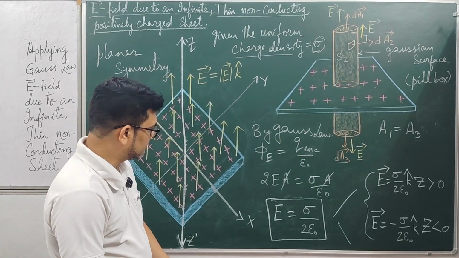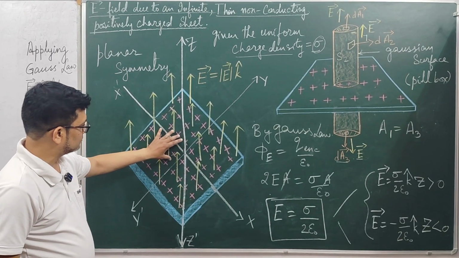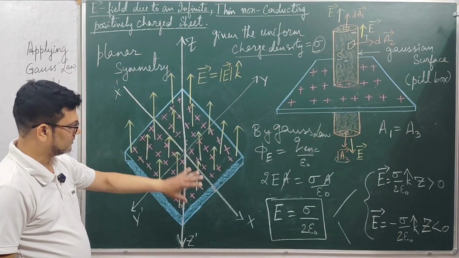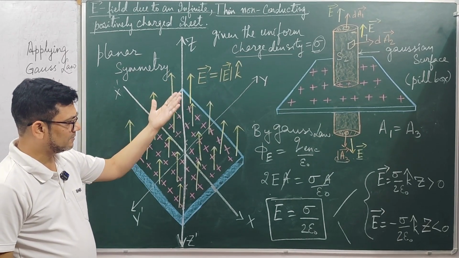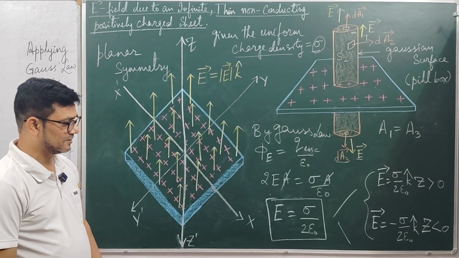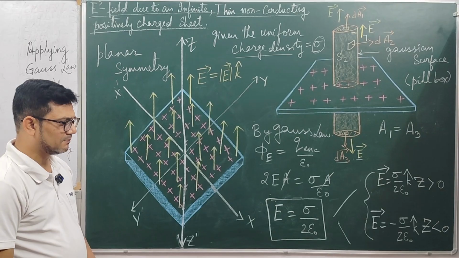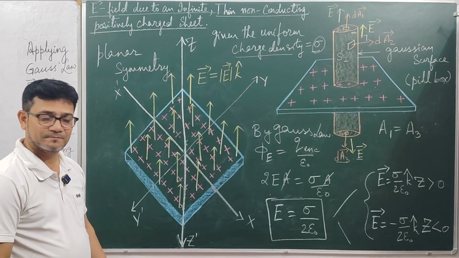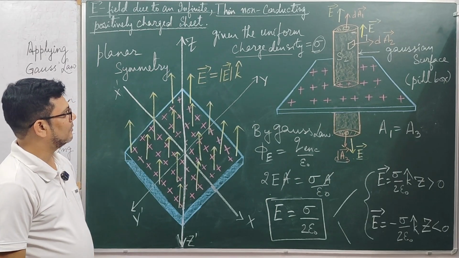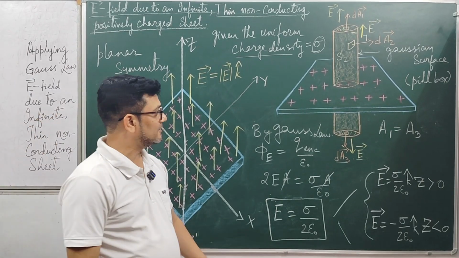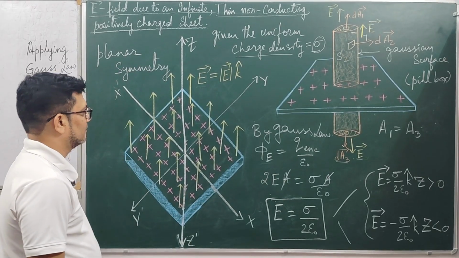Until now we have just deduced that the electric field because of a positively charged non-conducting sheet is going to be this: for the positive z-axis it's going to be sigma divided by 2 epsilon naught, and for the negative z-axis direction it's going to be minus sigma divided by 2 epsilon naught. So take it down, and then we'll move on to application of this particular result to a situation.